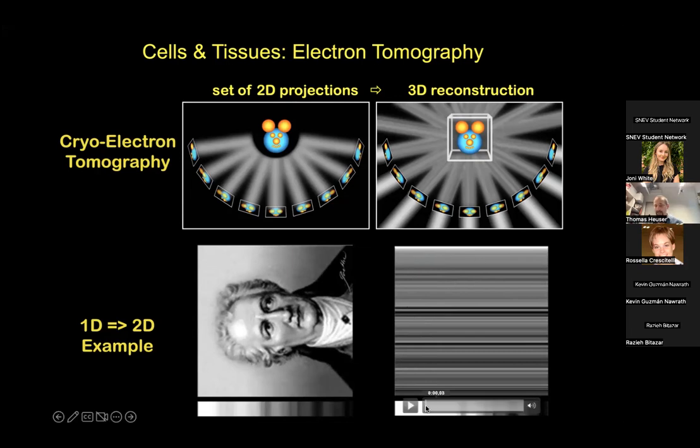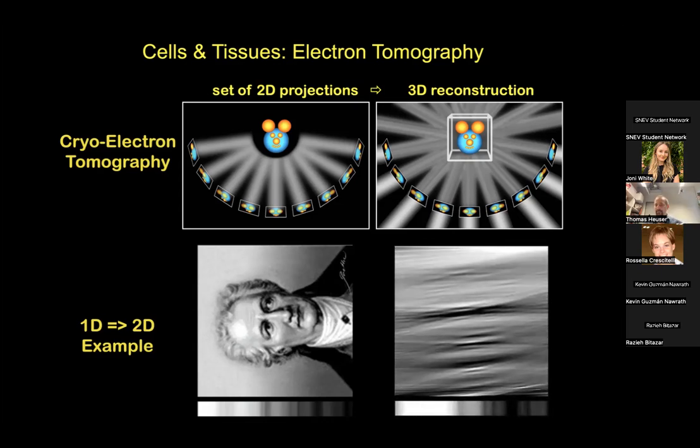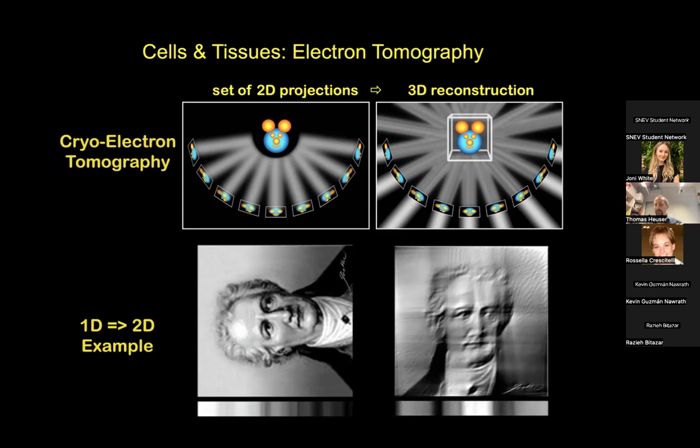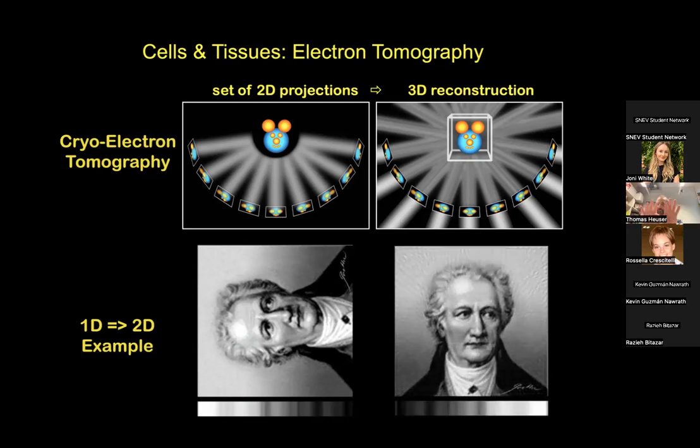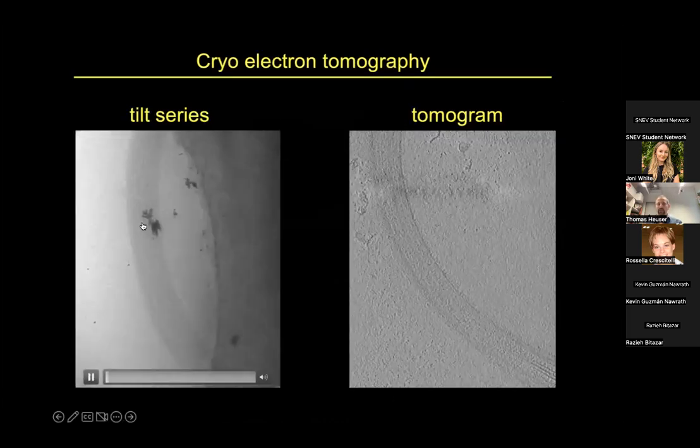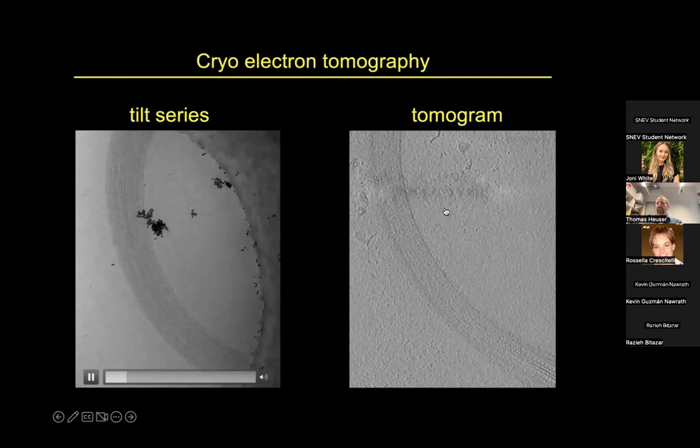And then if you now add a second projection on top of this, again in exactly the angle where it was recorded, and you keep on going and going, you can see we're able to slowly get the information back. So here, this was an example going from 1D to 2D, but we use this in reality to go from a series of 2D images to really 3D information.